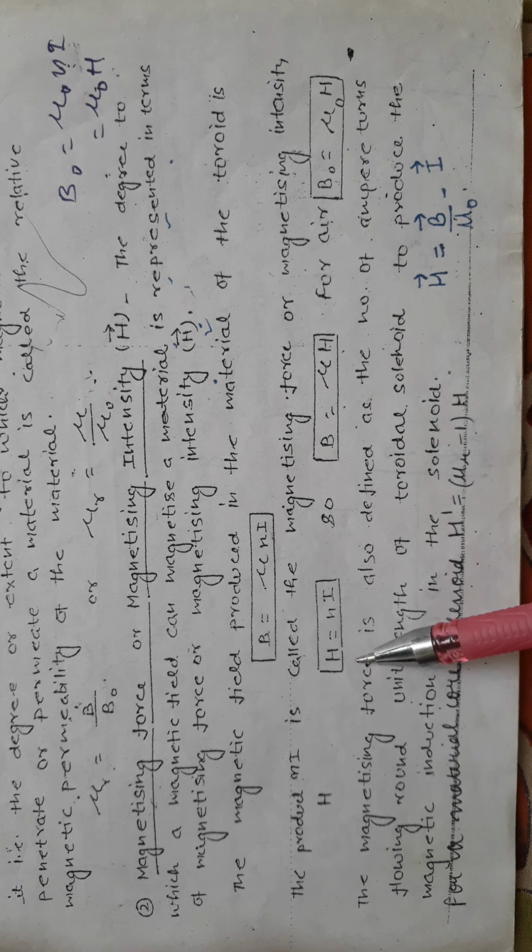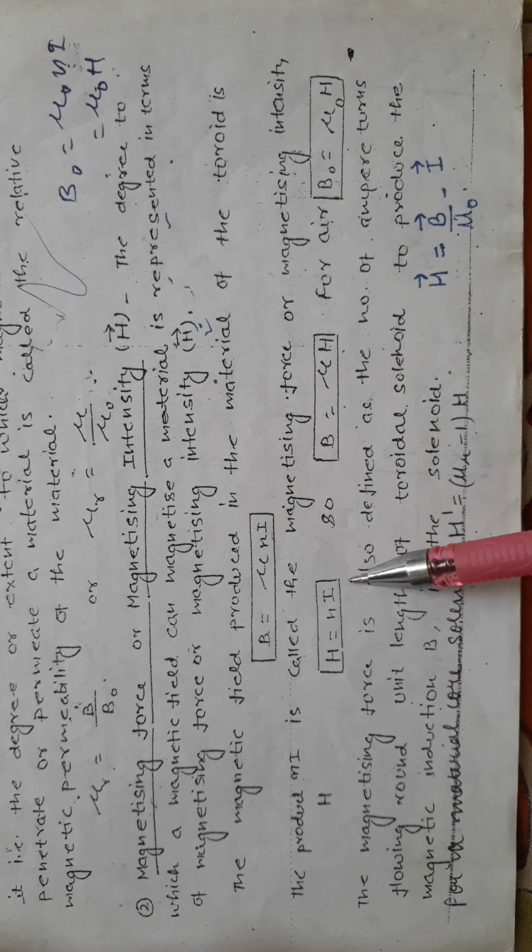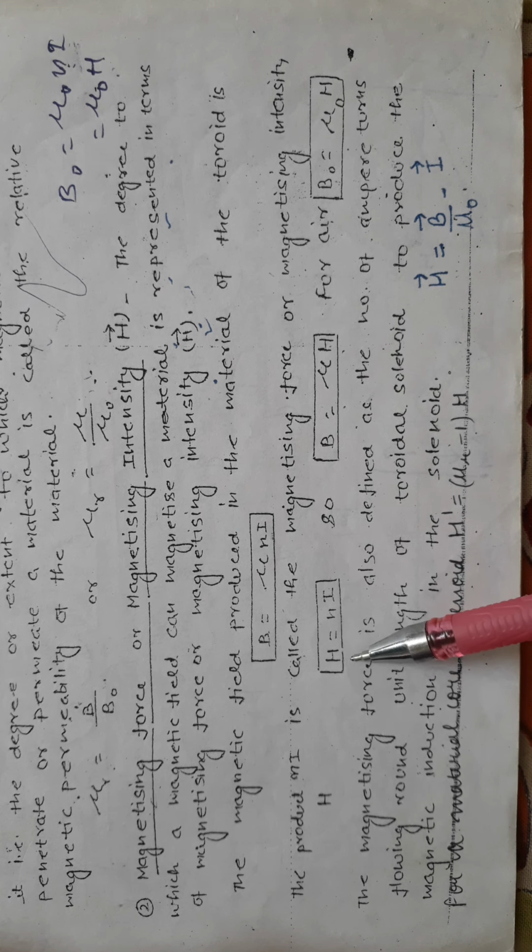H is the magnetizing intensity or magnetizing force, because it magnetizes a material when placed in a uniform magnetic field. In air, B naught is equal to mu naught H. This magnetizing force is also defined as the number of ampere turns flowing round unit length of a toroidal solenoid to provide the magnetic induction B in the solenoid.